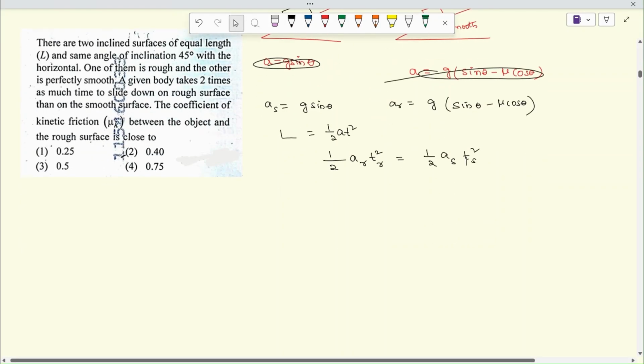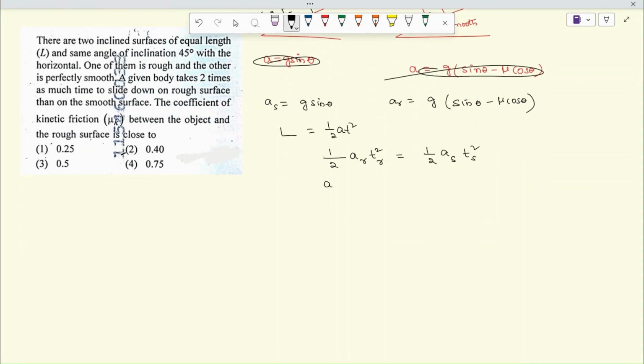From this, what can we write further? AR by AS is equal to TS by TR whole square. And what is given in the question? It is taking 2 times on the rough surface compared to smooth. So TS by TR is 1 by 2 square.